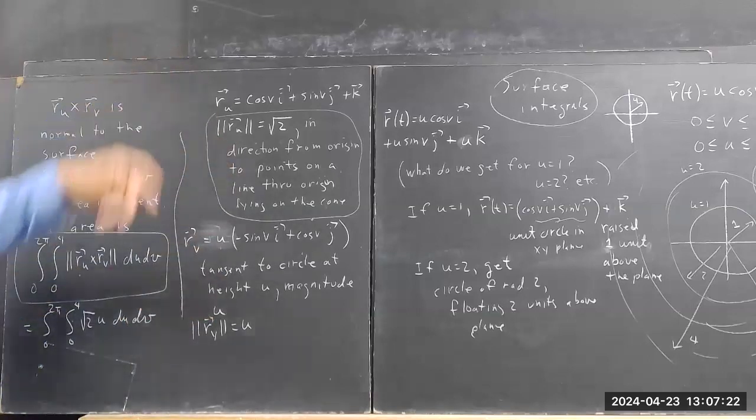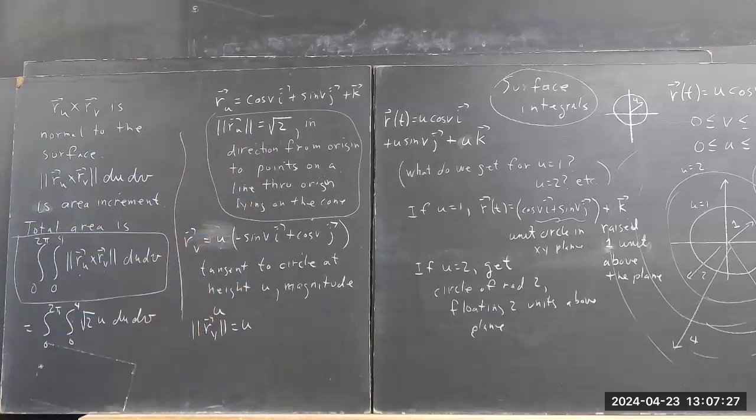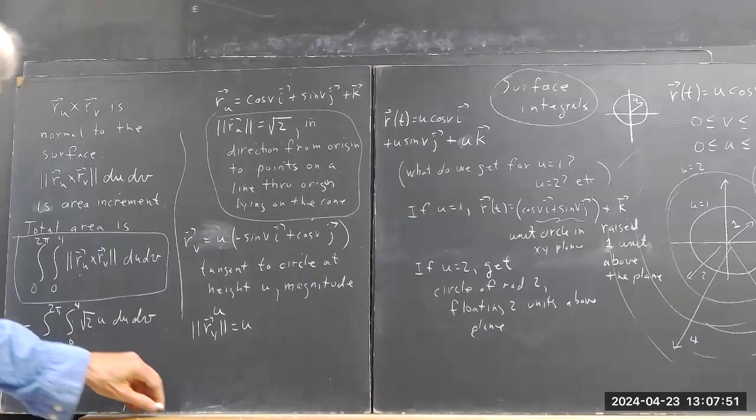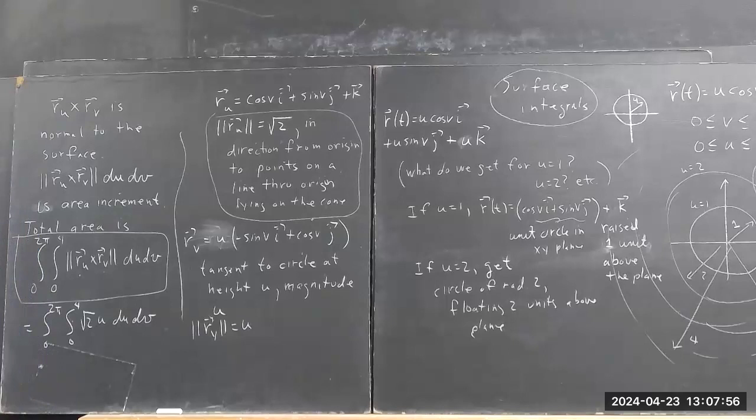Since they're perpendicular, the magnitude of the cross product is the product of the magnitudes. It comes out pretty easily. If you do the cross product, that's what you're going to find. That illustrates the process. Now the details differ for different surfaces. So digest that for a minute, and we'll look at a different surface.